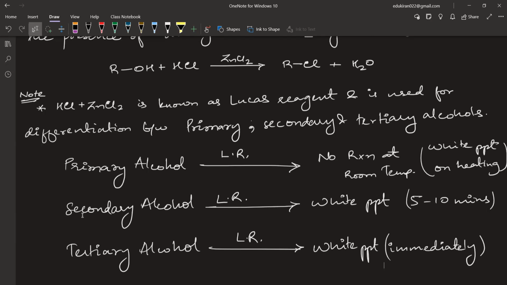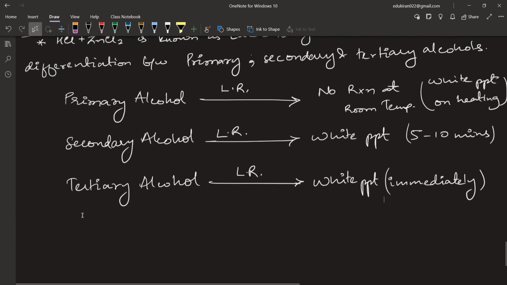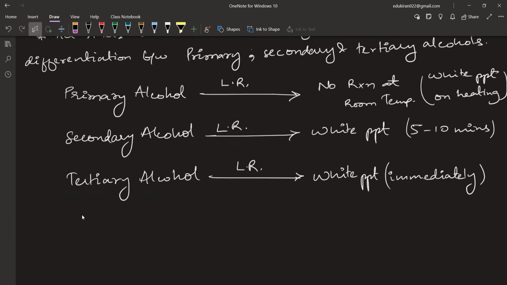Yes. Okay. So actually what happens if you write the general reaction mechanism here, we have ROH, and then in the presence of ZnCl2, what happens? ZnCl2 abstracts this OH and you get R positive. That means you're getting a carbocation.